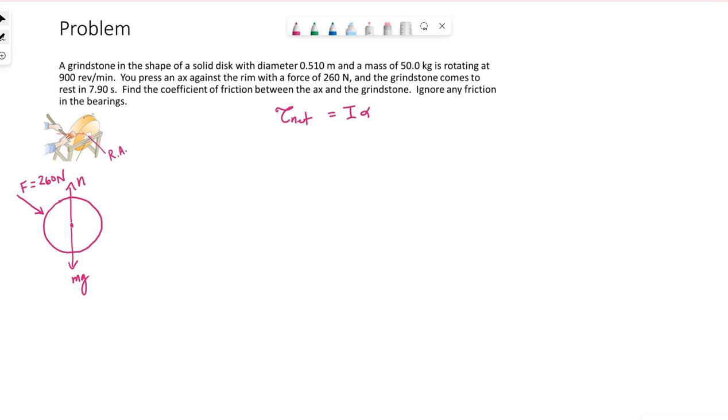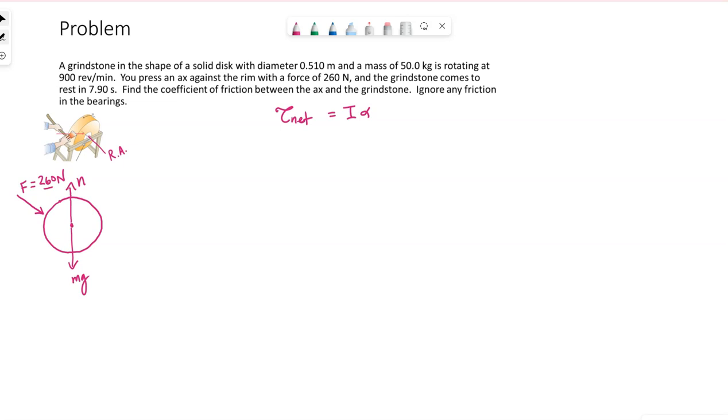The net torque by pushing in on the edge is going to cause the grindstone to slow down and stop. All right, so this force, the 260 newtons itself, is not what's causing it to stop, right? Because that push is directly towards the center.